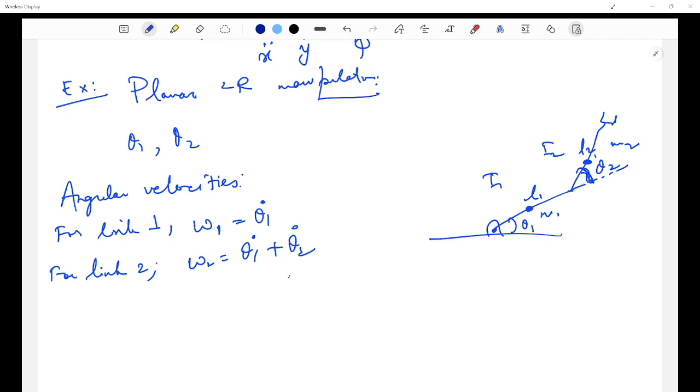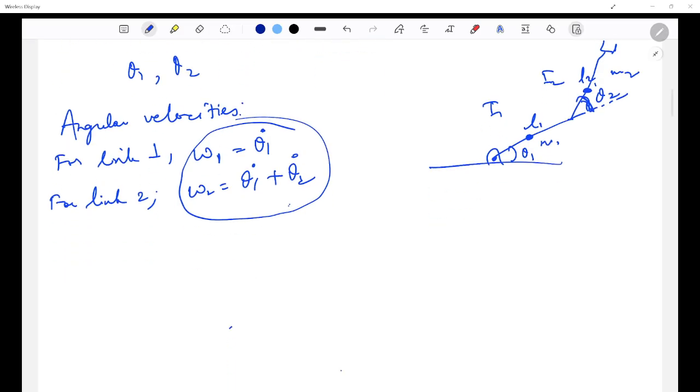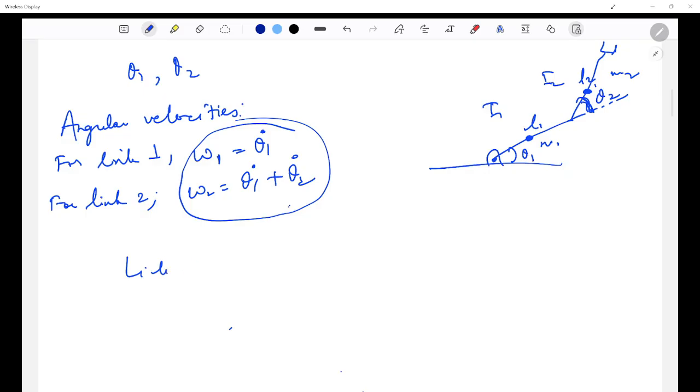Now, once you know these angular velocities and you calculate the linear velocity, what would be the linear velocity for link 1? It would be Vc1 equal to, let's say, r1 into theta 1 dot. In a similar way, we can calculate for link 2. If we know the linear velocity and the angular velocity, we can write the expression for kinetic energy.